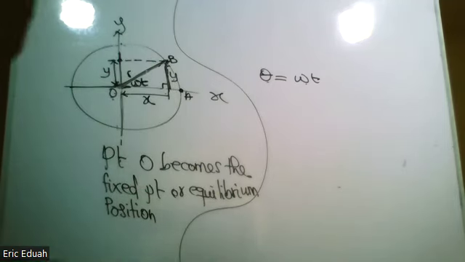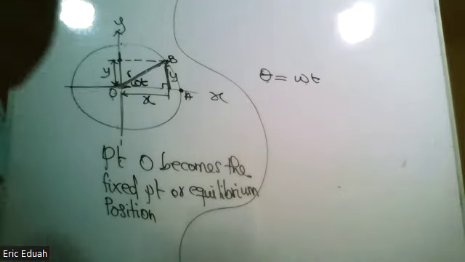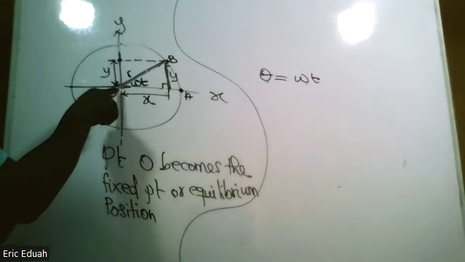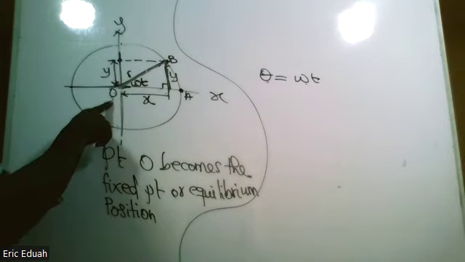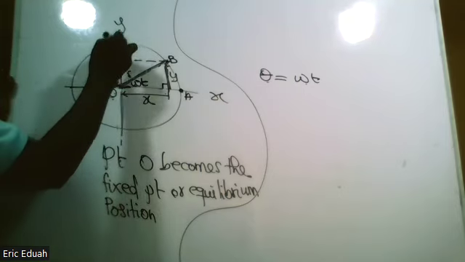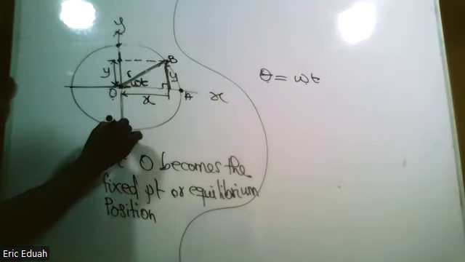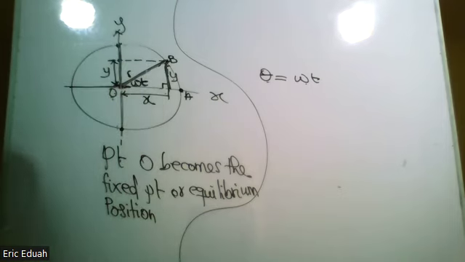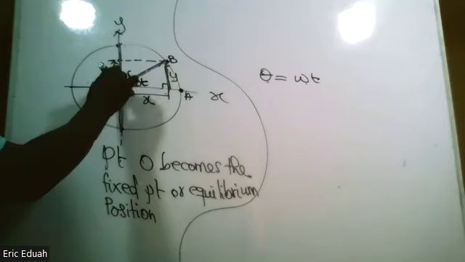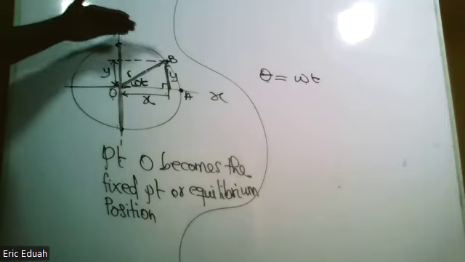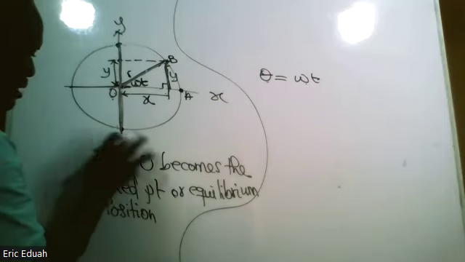Now, if the body is executing simple harmonic motion, that repeated up and down motion of the body around the center O or mean point O, from the center to this point or to this point, how will you call this distance? These are extremes.